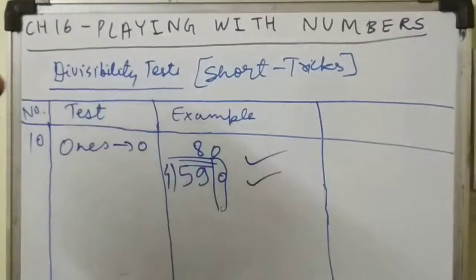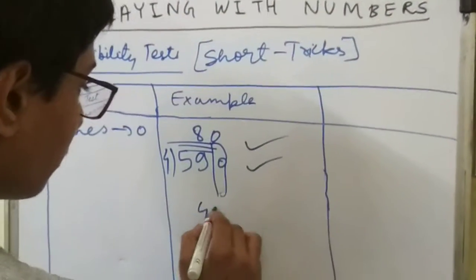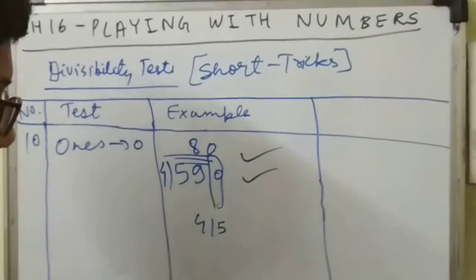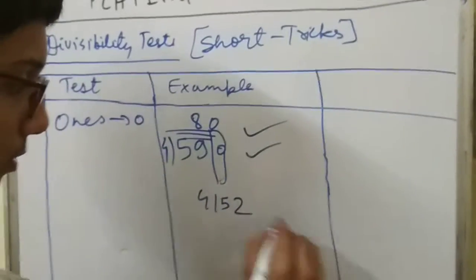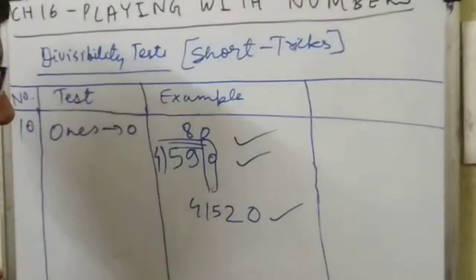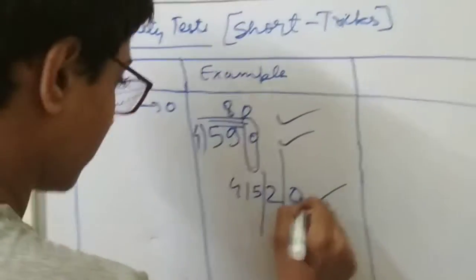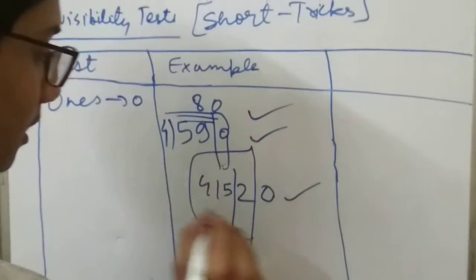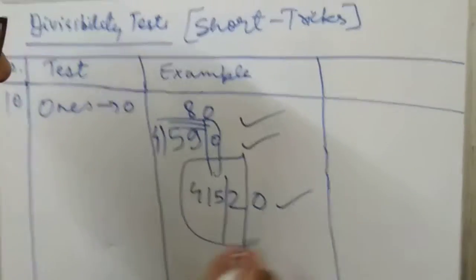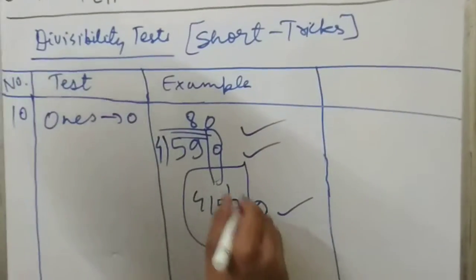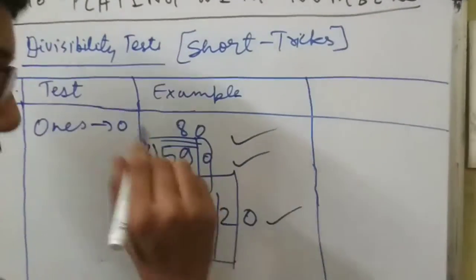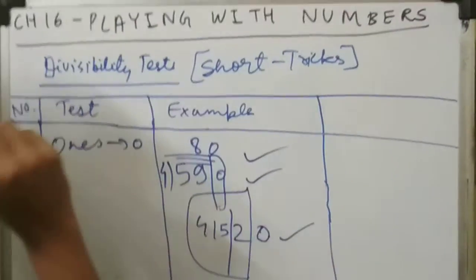If it is 0, yes. If it is like this, 415, no. See, this is not. If I put 0 here, it is. That means, regardless of the digits on the left side of the unit digit, you will be just focusing on the unit digit. If it is 0, then it is a multiple of 10.